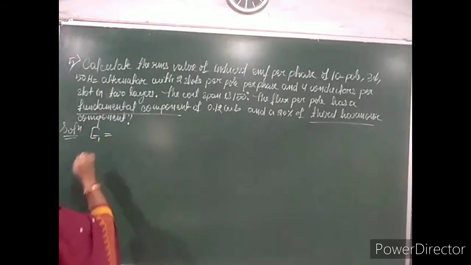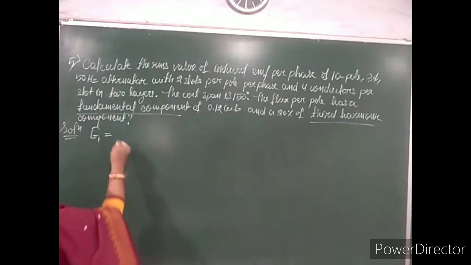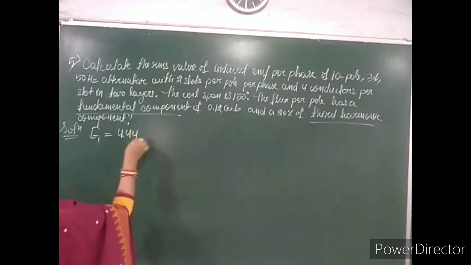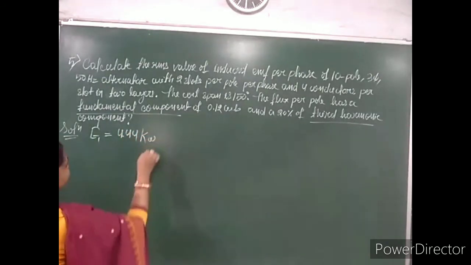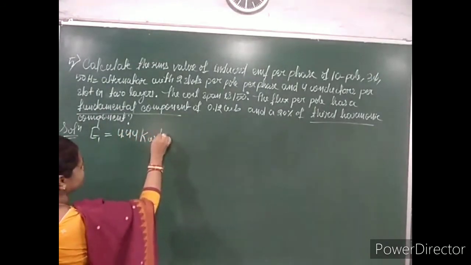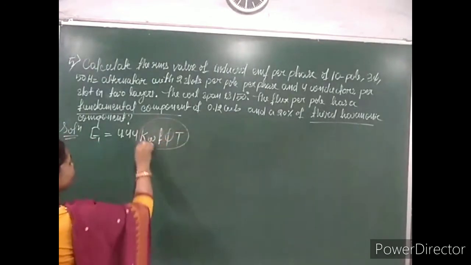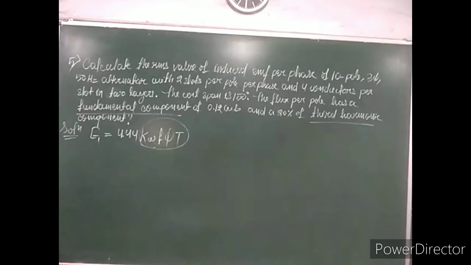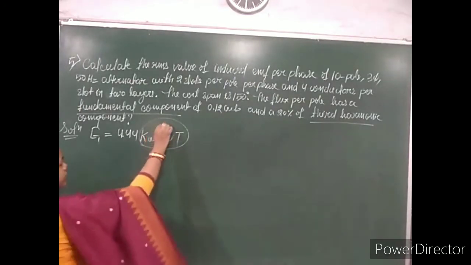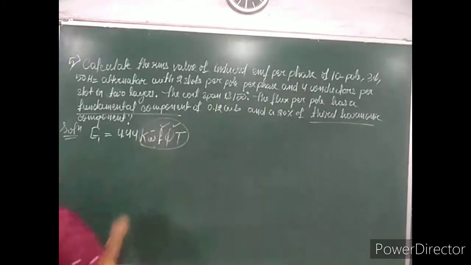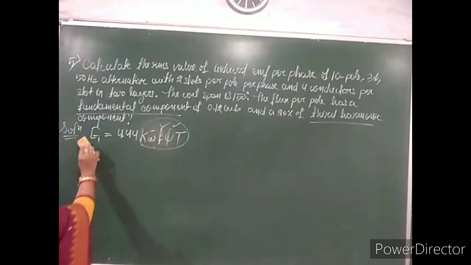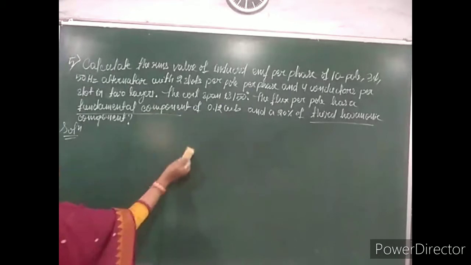So the fundamental component of EMF per phase formula is, with Kw as the winding factor, frequency, phi into T. Now we have to calculate all these parameters. F is given, phi is given, T and Kw, that is winding factor, are not given. Here we have to calculate these factors.